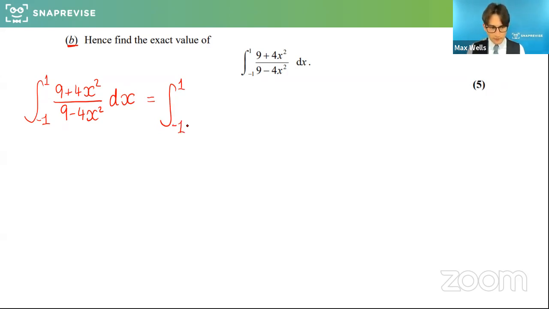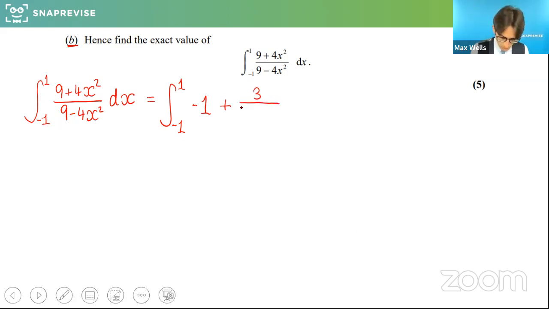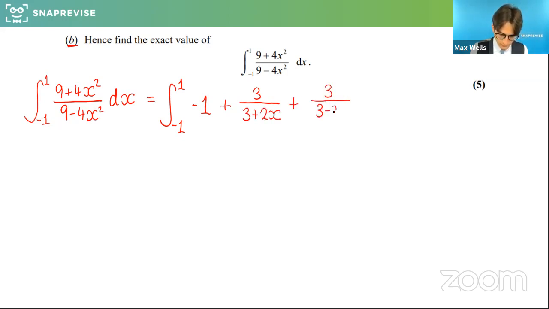So I know that that fraction can equivalently now be written as -1 plus 3 over (3 plus 2x) plus 3 over (3 minus 2x). This is a lot easier to integrate.